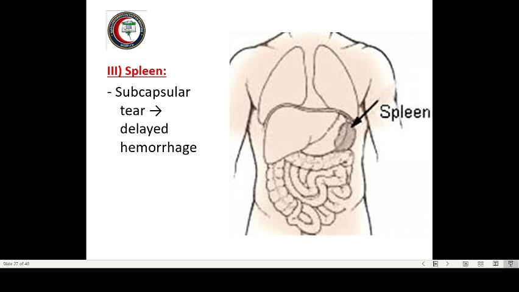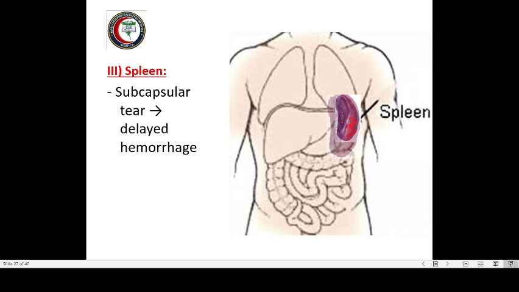When injury occurs to the spleen or liver, which is less in force than the elasticity of the capsule, there will be subcapsular tear in the tissues of the spleen or the liver, with accumulation of blood inside the organ under the intact capsule. If the bleeding continues, the organ will swell and the capsule will be stretched.